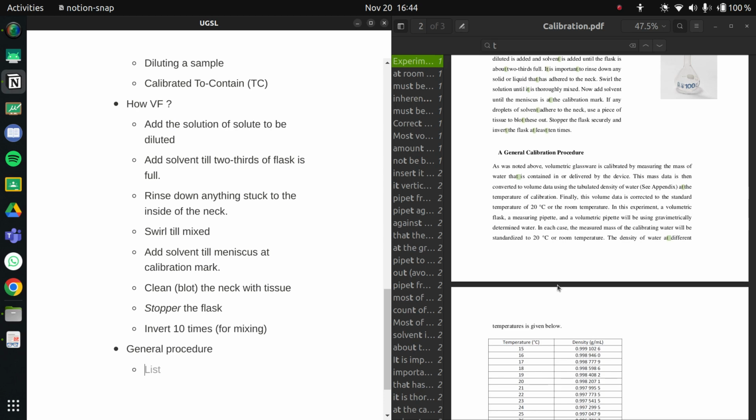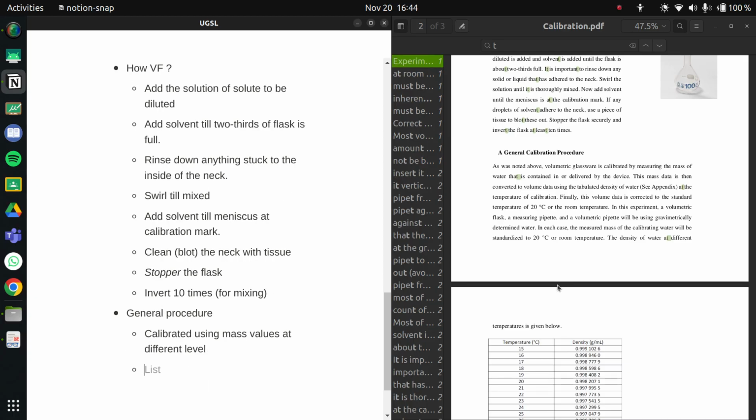So now this mass data is then converted to volume data. Okay. Calibrated using mass values at levels. After measurement you have to convert it back. Okay, so first it's done that.